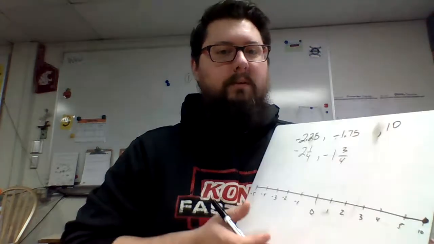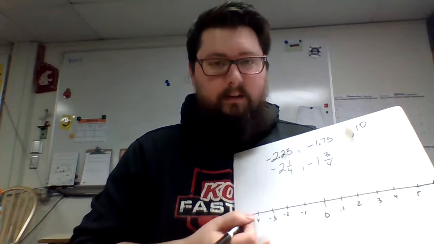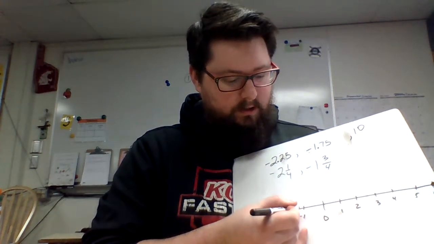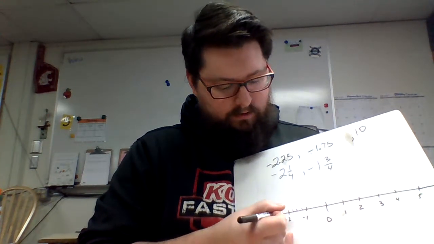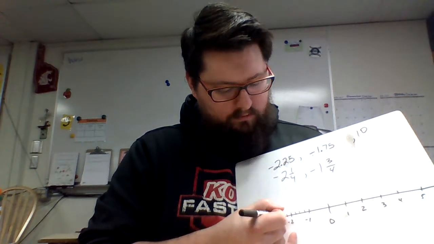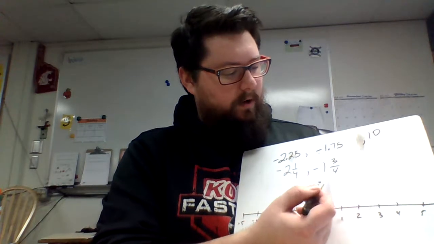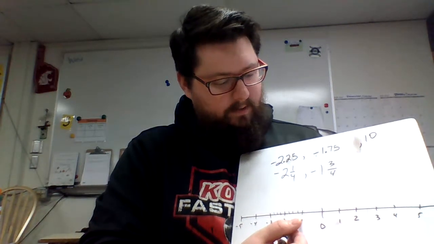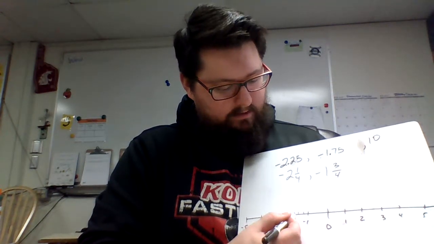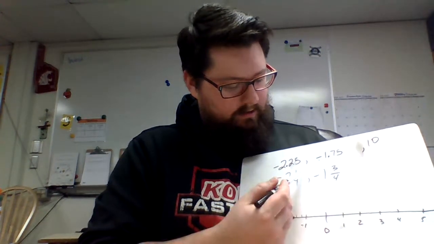Okay, so that means on my number line, I need to turn at least the negatives into quarters. 1, 2, 3, 4. 1, 2, 3, 4. Okay. So let's look for negative 1 3/4. So there's negative 1, and I got to go 3/4 back. So right there. And then negative 2 1/4.